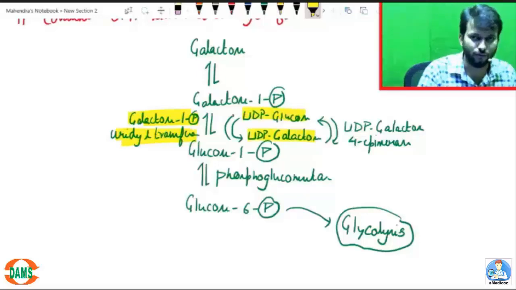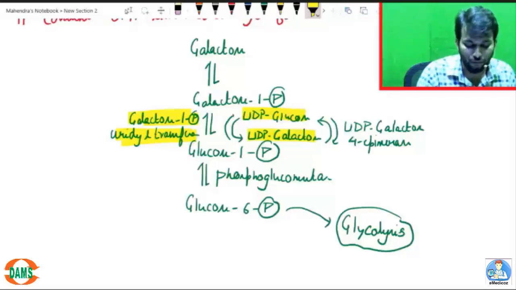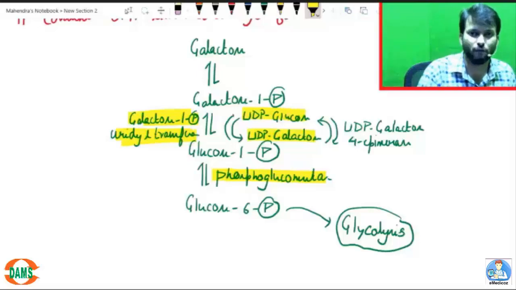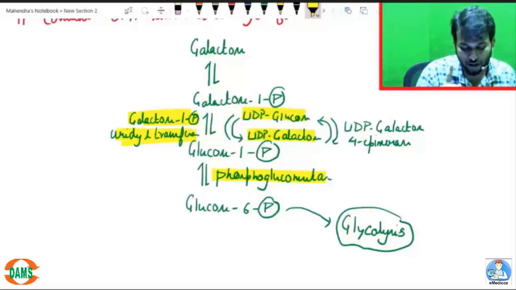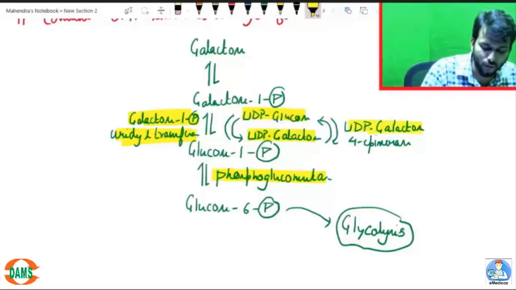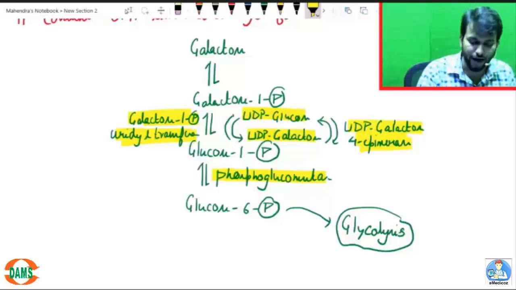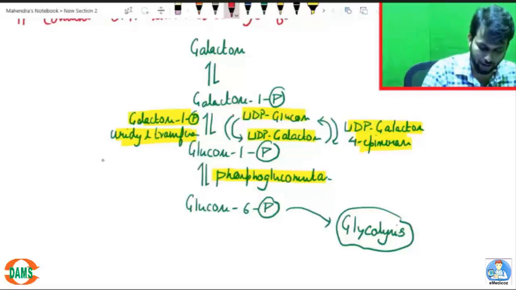This glucose 1 phosphate, with the help of the mutase enzyme phosphoglucomutase, gets converted into glucose 6 phosphate. This can enter glycolysis. Another important enzyme is UDP galactose 4 epimerase, which converts D-galactose to D-glucose in reverse order. It's a reversible reaction.